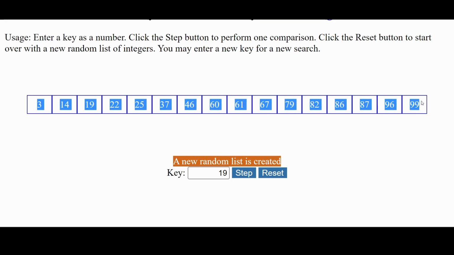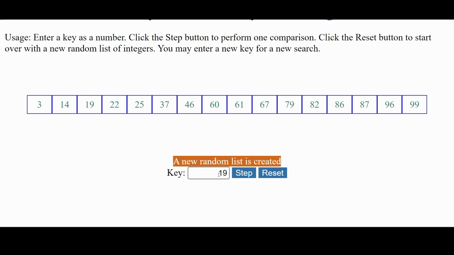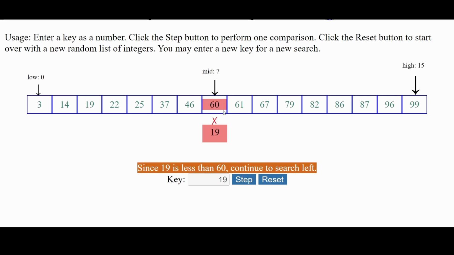I think the concept is a lot easier to understand when you see it in person, right? Say we have an array of sorted numbers and we want to find 19 over here. So like I said, we're going to first find the middle element. We have our low and our high, and we see that 60 is way bigger than 19. That means the 19 must be in the left side of the array. So in the next step, we search through the left side of the array.